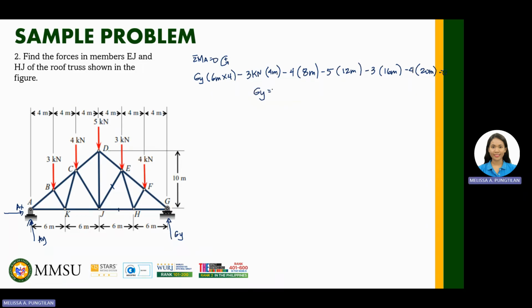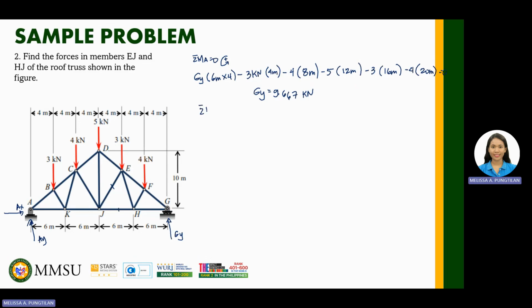Therefore, GY is equal to 9.667 kilonewton. Let's double check: 24 minus 12 minus 32 minus 60, 3 times 16, then 4 by 20. Okay, so GY is equal to 9.667 kilonewton.